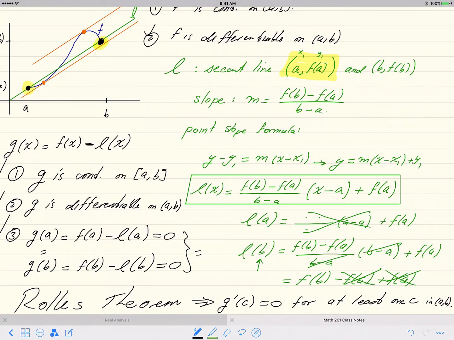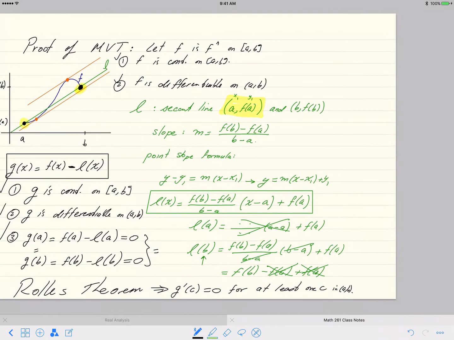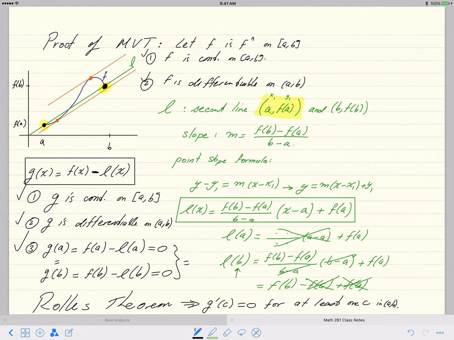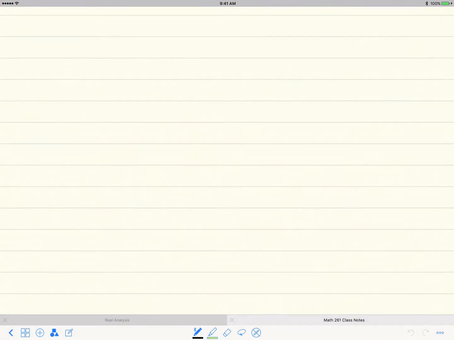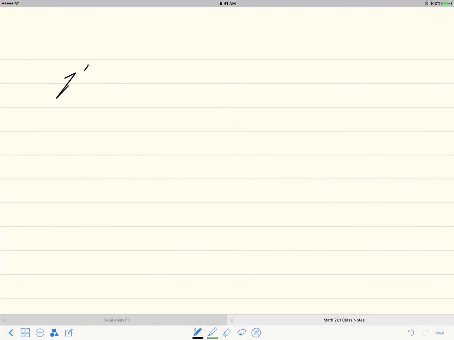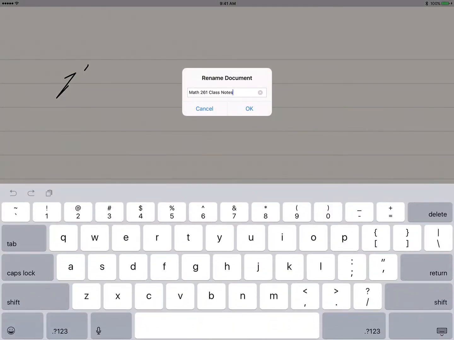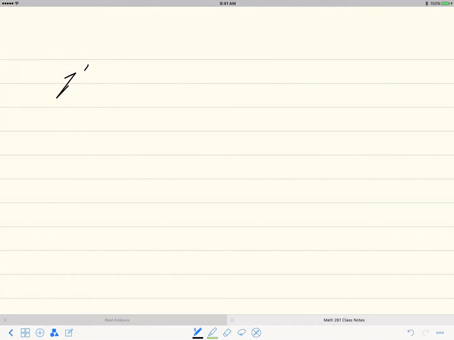So let's take a look at this function g, and let's take the derivative of that. The derivative of that function is g prime of x is equal to f prime of x minus L prime of x.